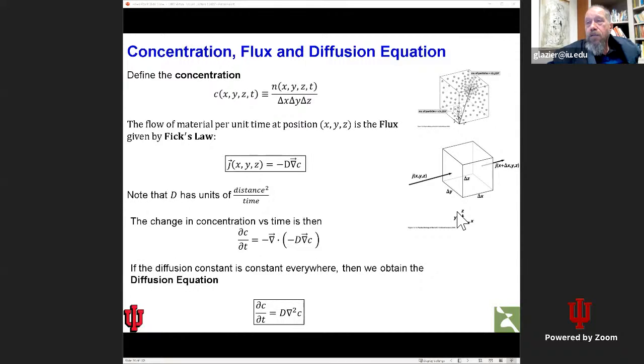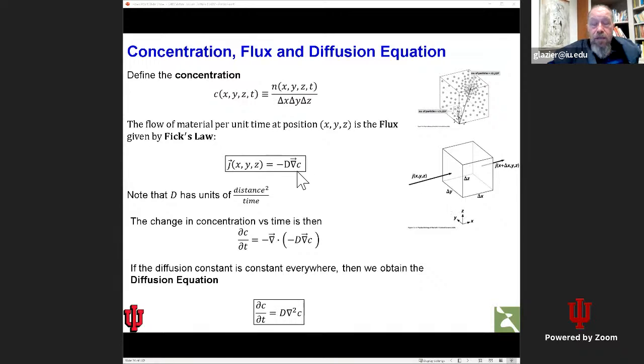And if you're not used to vector calculus, I try to avoid vector calculus, but this is one of the times when you'll have to put up with it for the next half hour. The only thing we really are going to use vector calculus for in this class is to write the diffusion equation, which we'll do in about 5 seconds.